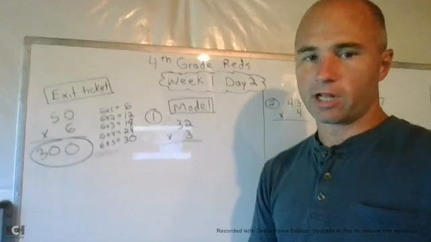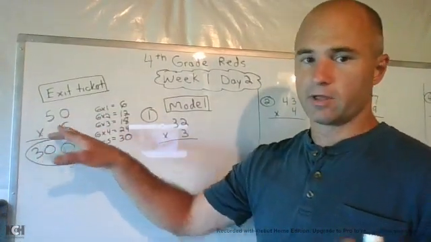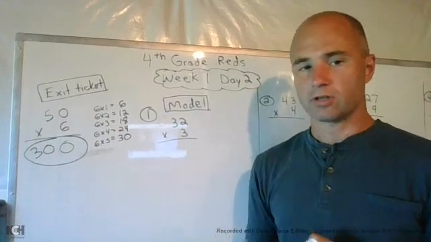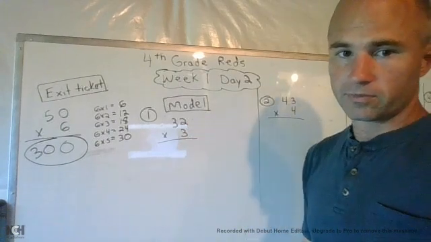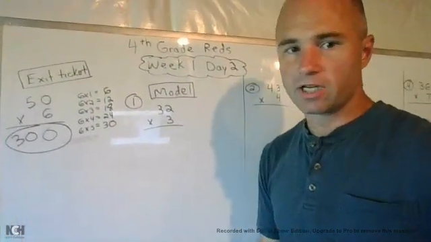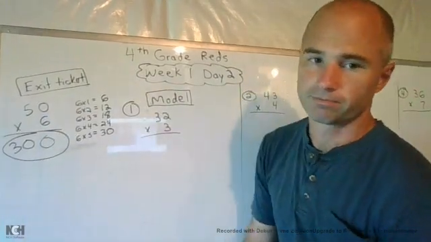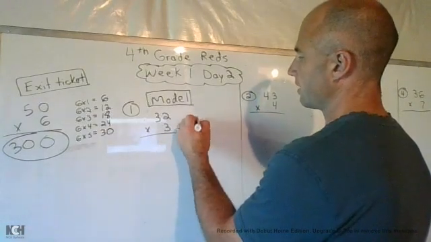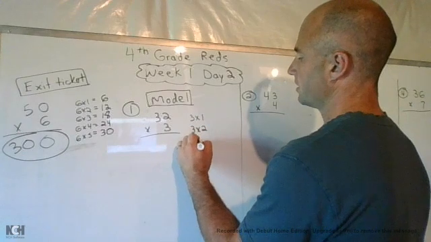Moving on to the model problem for today, it's still a 2-digit problem times a 1-digit problem, but now there's a digit other than 0 in the ones place of the 2-digit. So, same concept as yesterday, but now we're not multiplying the single digit by 0 anymore. 32 times 3. So now I'm going to write my 3 times tables. 3 times 1, 3 times 2, and 3 times 3.